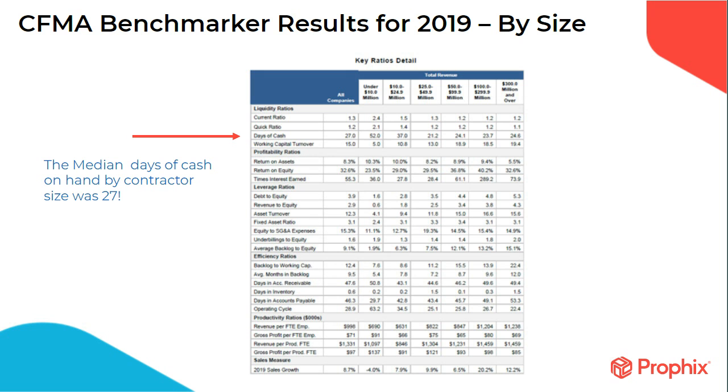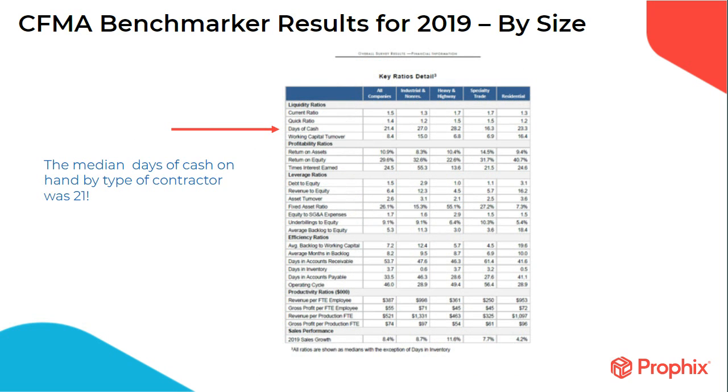And then if you look at it from a vertical perspective, this is the same data, but looking at it from a vertical perspective, which I think contractors should really look at, contractors in the same vertical that they're in. Notice how the median days of cash changes when you view the ratio this way. The median goes down to 21.4, and the range goes from 16.3 to 27 days.